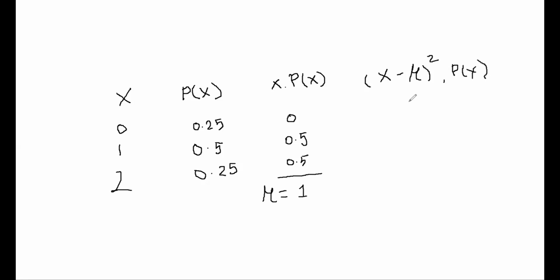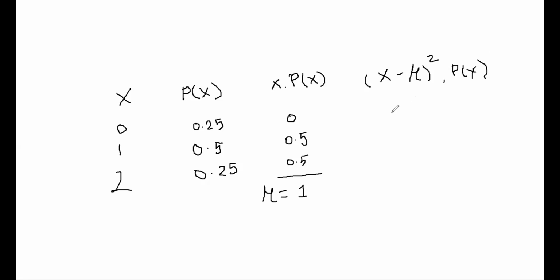X minus mu whole square. So you have to subtract mu from the x's and then square it. 0 minus 1. 1 is your mu. So 0 minus 1 is minus 1.